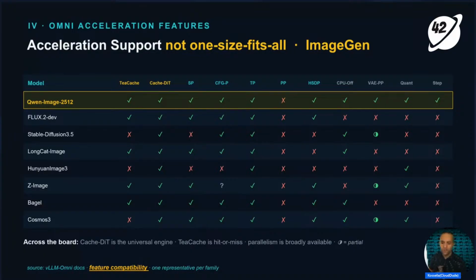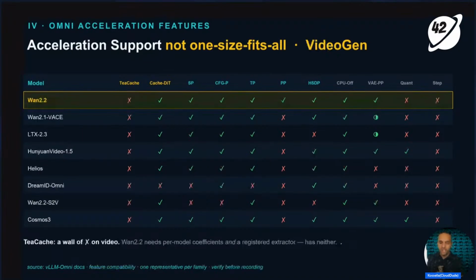Okay, now here's a support matrix for image models where you can see every single feature. Tcache here, for example, is actually hit or miss, but you can see all the other features like tensor parallel, sequence parallel, pipeline parallel, CFG, data parallel, etc. So it's in the repo, and you have one for image generation and every type of modality for sure. This one is, for example, video gen.